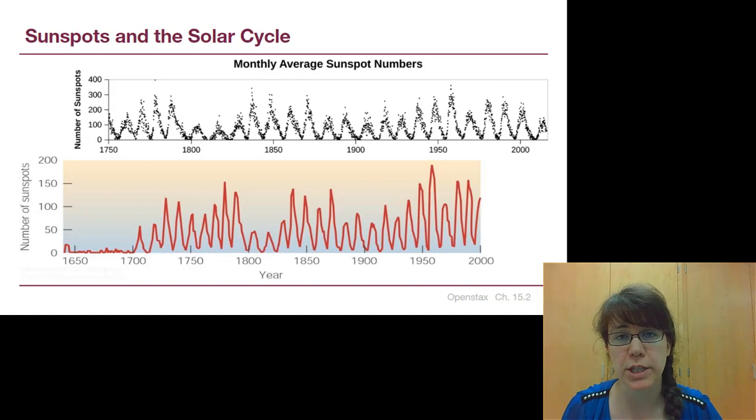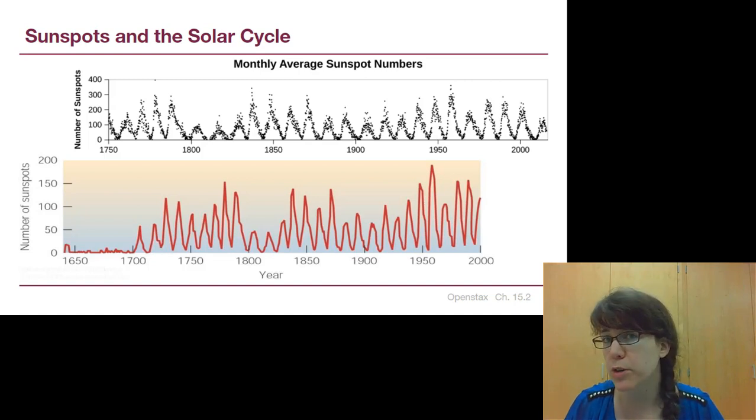In the bottom image here, in the 1600s, from like 1650 to 1700, we actually had several decades of time where there were very few, if any, sunspots.